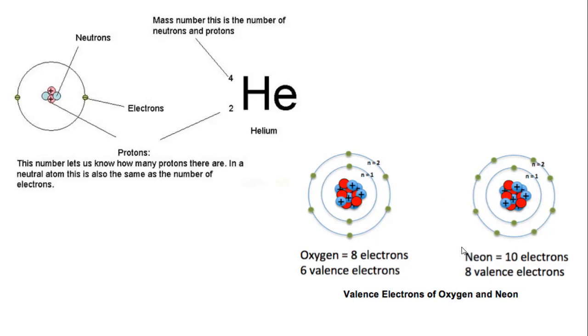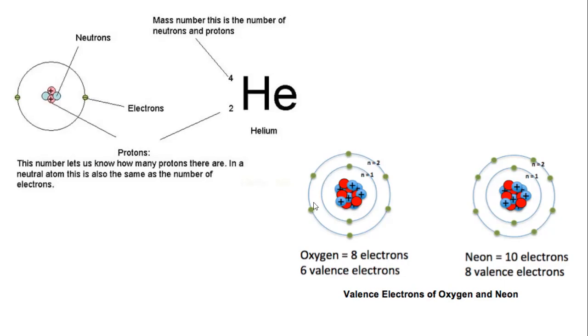Here are two examples. One is of oxygen and another is of neon. Neon is found in the last column of the periodic table, the noble gases. So neon is a noble gas. Oxygen has 8 electrons. It means the first shell is filled to its maximum capacity of 2 electrons.